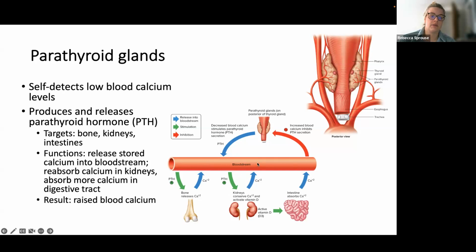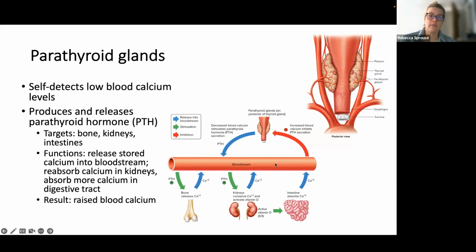Kidneys, calcium put into the bloodstream. And then same with intestines. That actually goes through the kidneys, but I'm not going to go into all that. That gets a little complicated, but essentially your intestines are going to absorb calcium into the bloodstream as well. And then if you test the level of calcium in here, hopefully it's back up to normal.